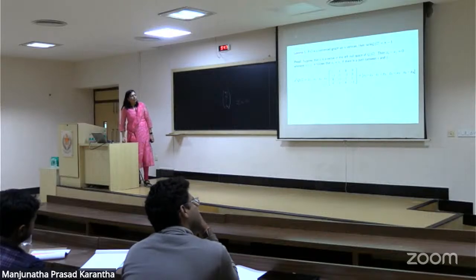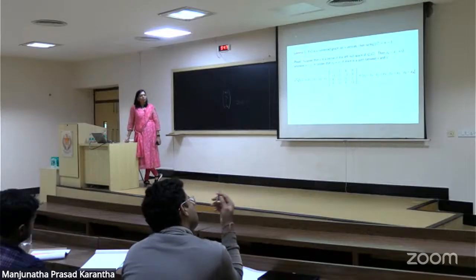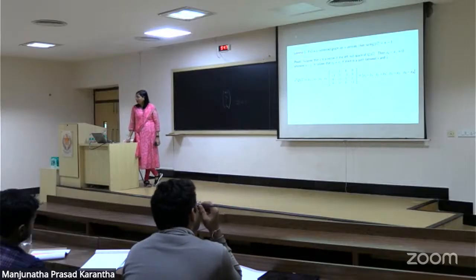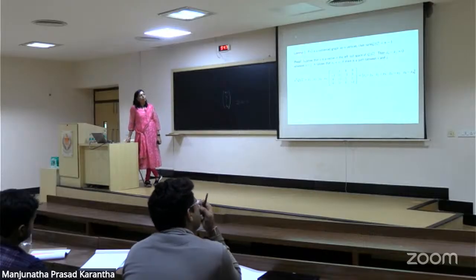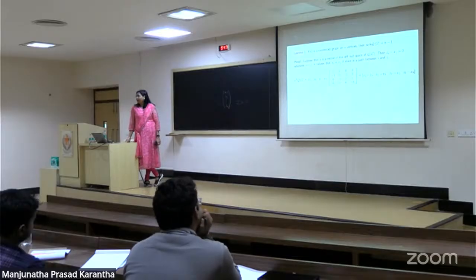Now you can observe that in Q_G, each column contains one 1 and one minus 1. So when I multiply, corresponding to an edge, the first entry is 1 and then minus 1 in the other, and that will be multiplied with the vector.